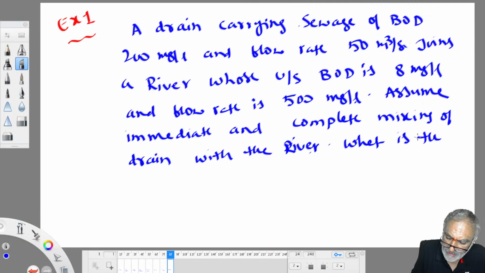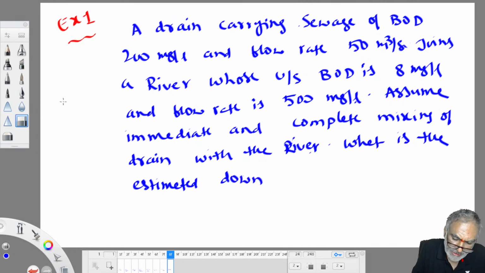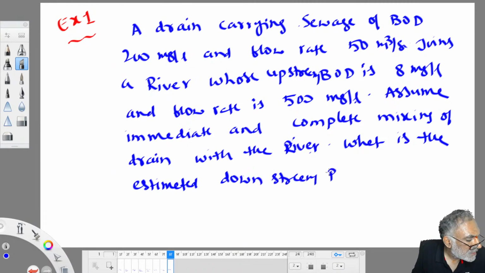What is the estimated downstream BOD of the river?